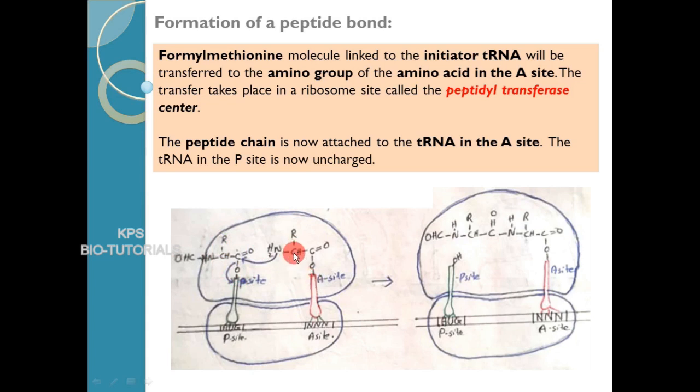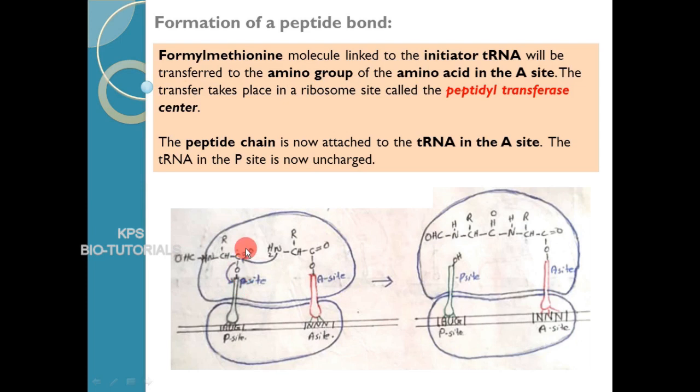That means a peptide bond is formed between the amino acid in the P site and the amino acid in the A site. For the formation of a peptide bond, the NH2 group of the second amino acid will attack the ester linkage between the first amino acid and its tRNA at the P site.